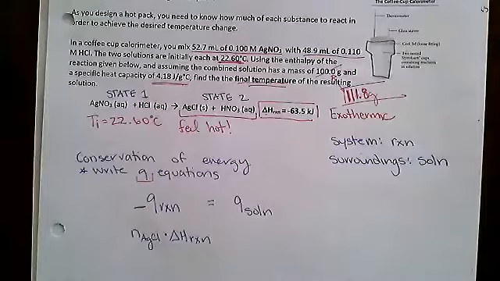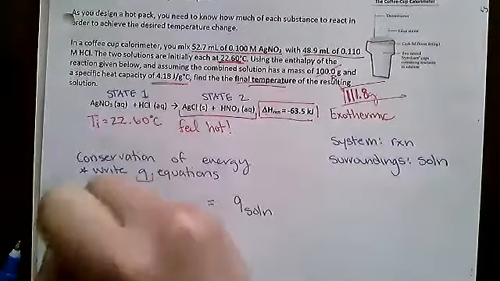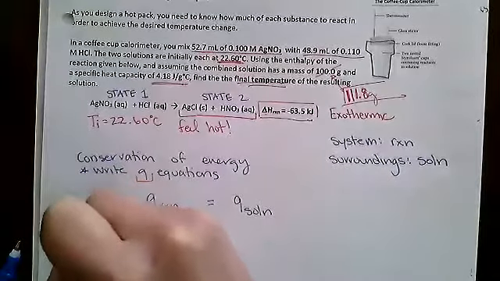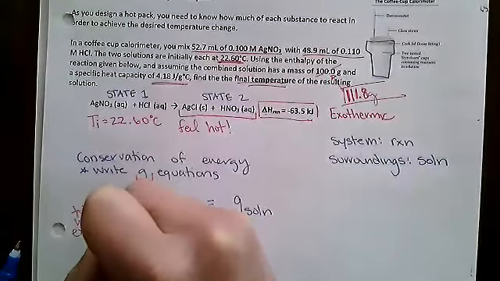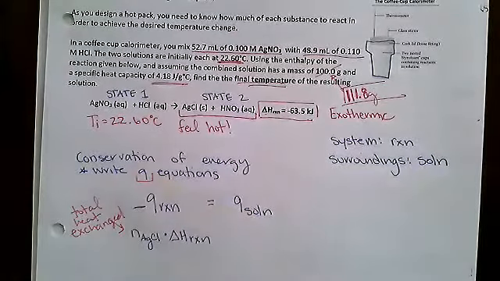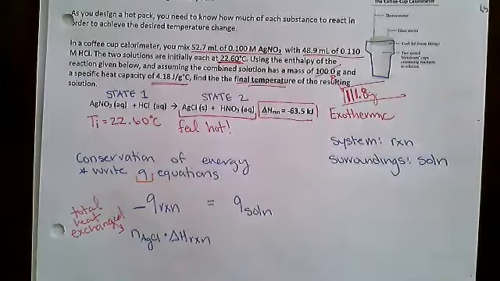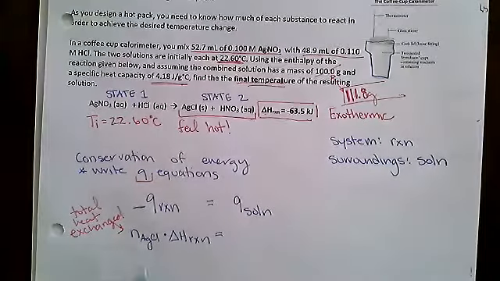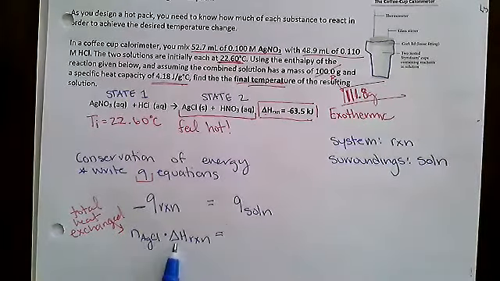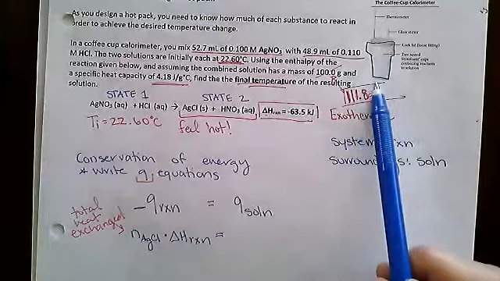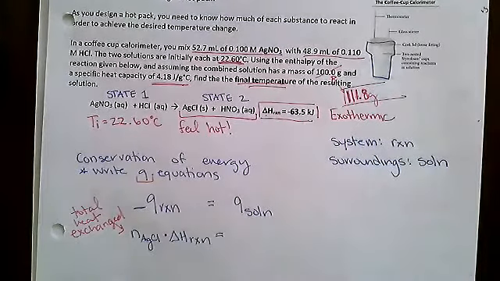This will tell you the total heat exchanged by the reaction if you figured out how many moles of product that you make. All of the heat that's going to be lost from the reaction is going to go into raising the temperature of the resulting solution.